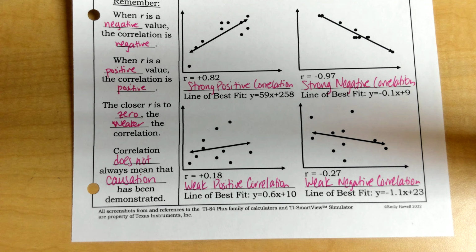The temperature outside may cause people to want to buy more ice cream, but higher sales in ice cream does not cause the temperature to rise. So you have to think about that causation factor there, whether there's a cause and effect, if one of those variables causes the other or vice versa.